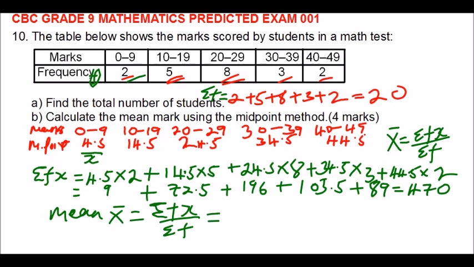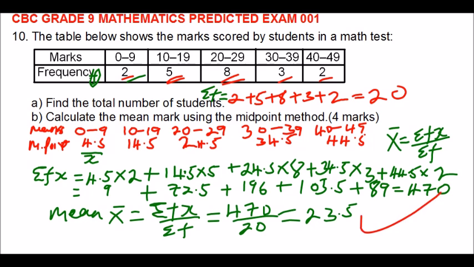So this is equals to 470 divided by the frequency, which is 20, and when you simplify, you get 23.5. You can divide using your calculator, you will be able to get 23.5. So that you get 4 marks.